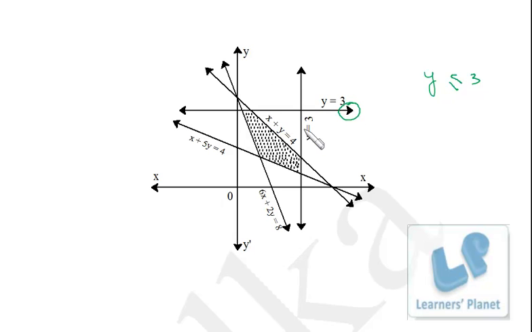After that we have this line x is equal to 3. So left hand side we have the shaded region. That means on this side x will be less than 3. Again this is a solid line, so I'll be taking x less than or equal to 3. So this line is also covered up.